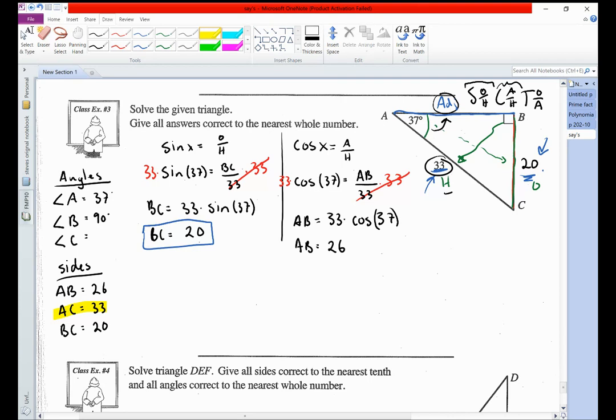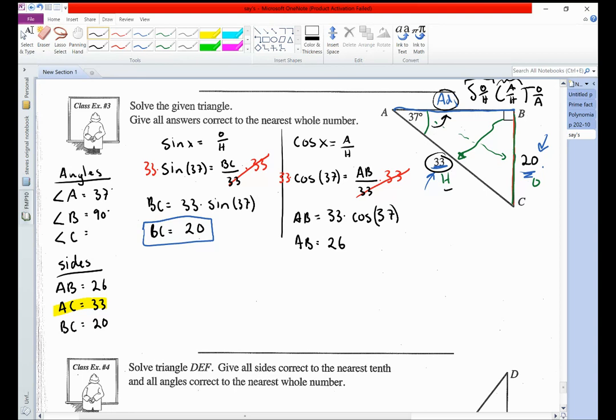And the last thing I need to find is angle C. So I know angle A and I know angle B. So you could do some trigonometry to solve for this, or we can make our lives a lot easier and say that all angles in a triangle should equal what? We talked about this in class, hopefully you remember. All angles in a triangle equal 180 degrees.